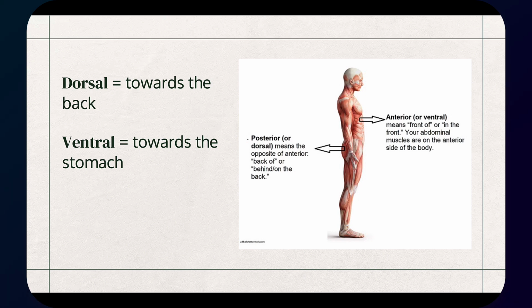In a person in anatomical position, dorsal is basically the same thing as posterior, and ventral is the same thing as anterior. When these terms become different is if you're talking about an animal that's on all fours, where ventral is on the stomach side, but anterior is by the head. We don't have to worry about that in this class.